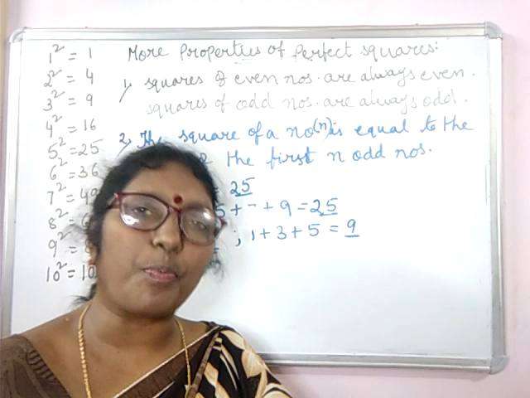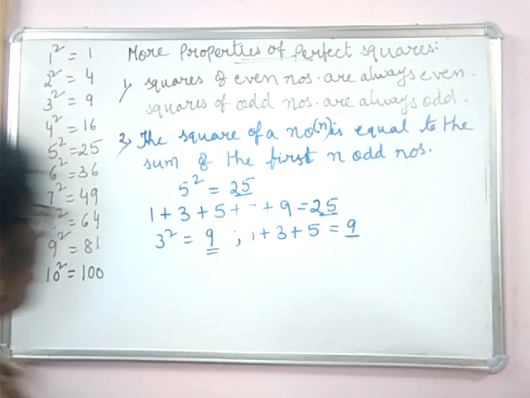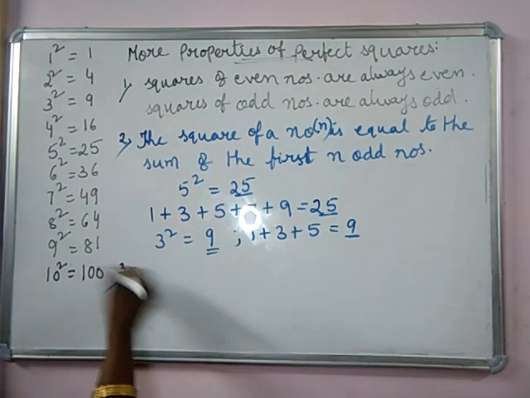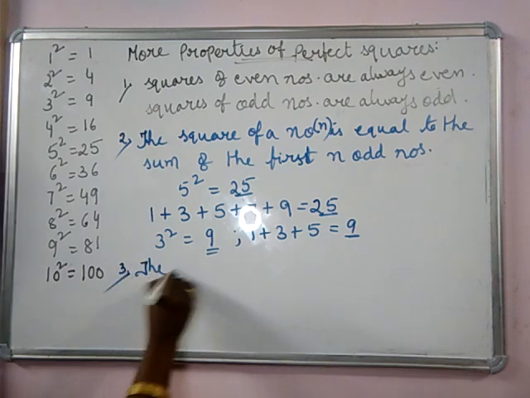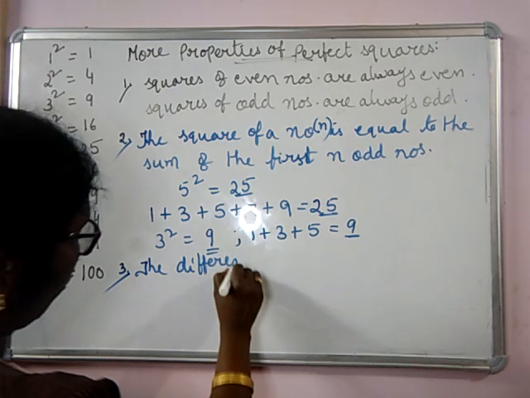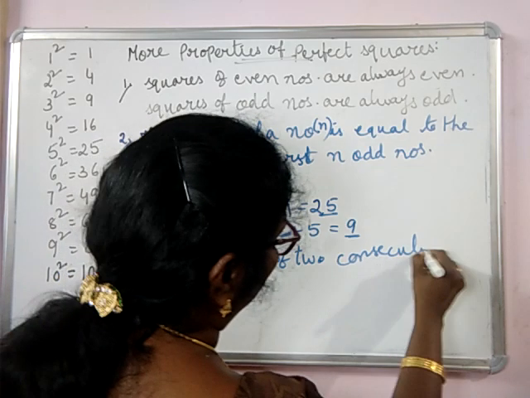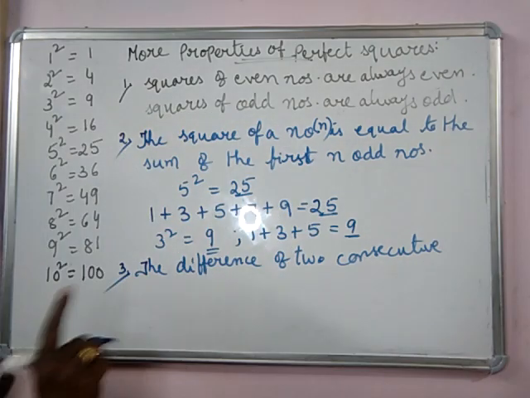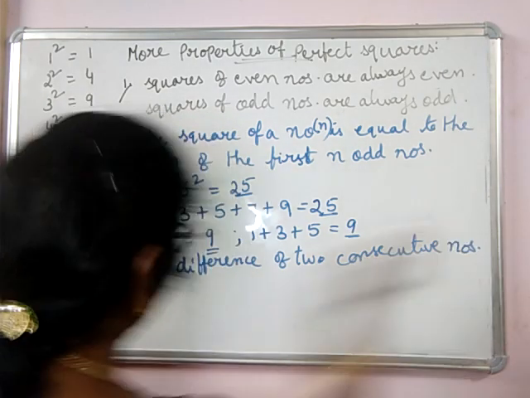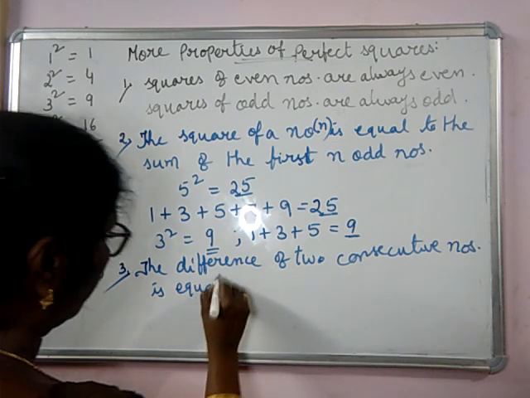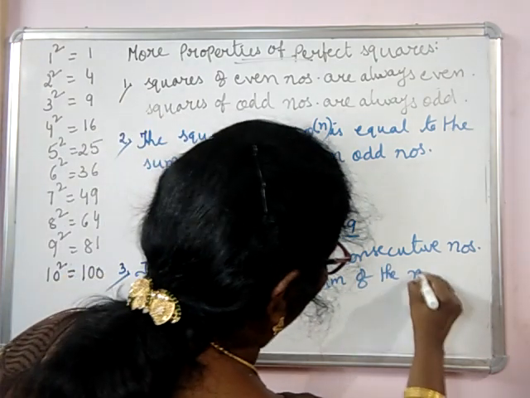Then, the next property is the difference of the squares of two consecutive natural numbers is equal to the sum of the numbers.